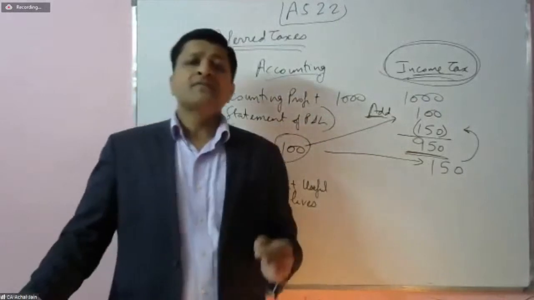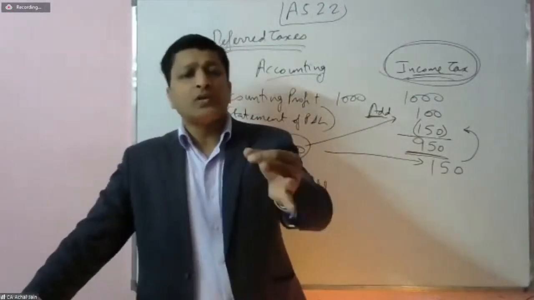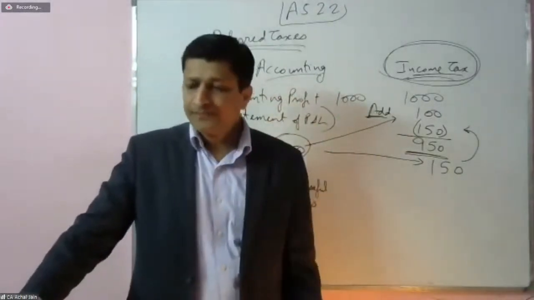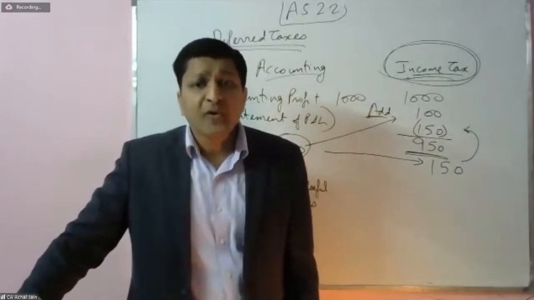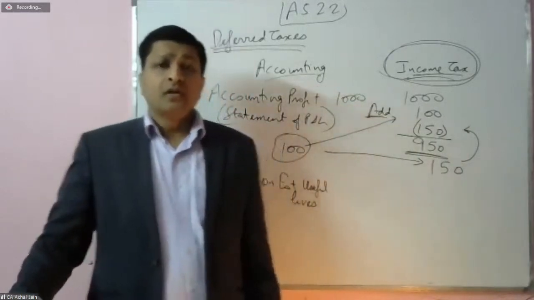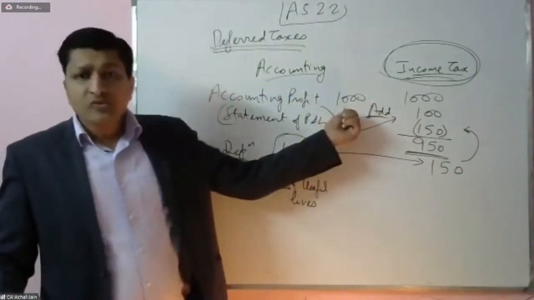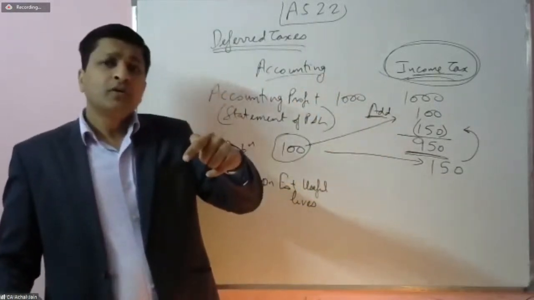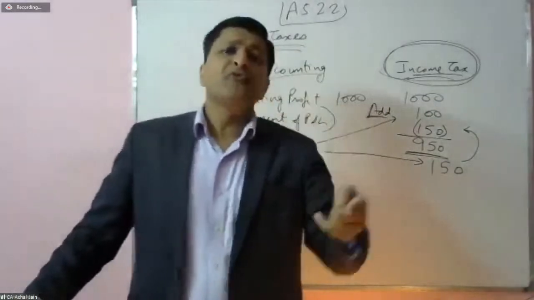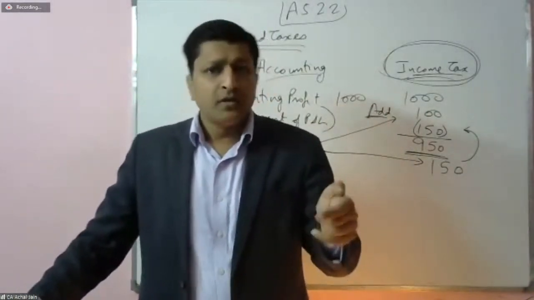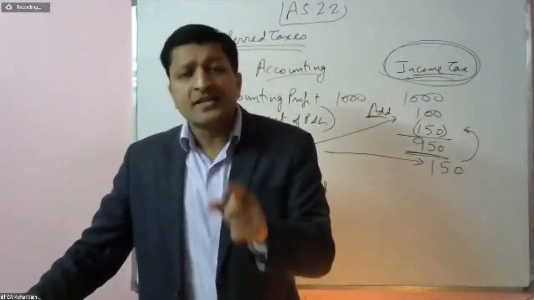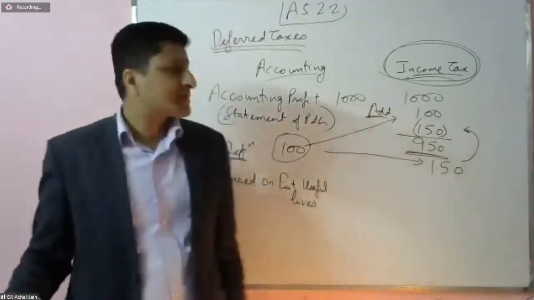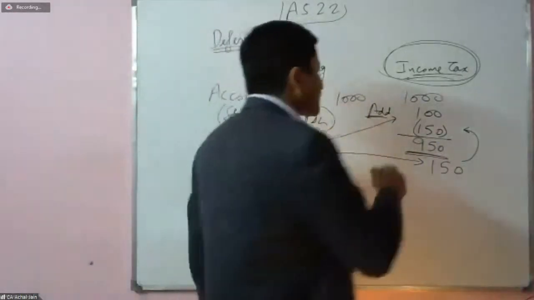Income tax, as we understand, is payable on the profits of a person. But which profits? The profits which we show in the books of accounts, or the profits that we show as per the provisions of income tax. The profits that we show as per the provisions of income tax means this profit.